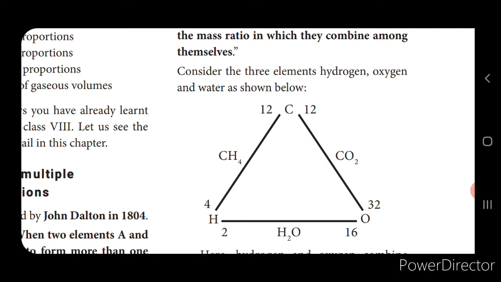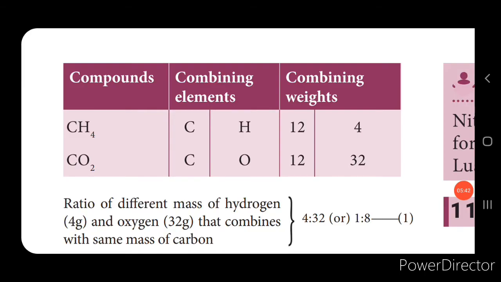Now let's find out the ratio. Look into the table, children. Here the carbon combines with hydrogen and oxygen to form CH4 and CO2. Here are the combining weights that are given. One atom of carbon takes part, so the weight will be 12, and for the other compound, that is CO2, it will also be 12. But for hydrogen, 4 hydrogens take part in CH4, so 4, and here 2 oxygen atoms, so 16 into 2 is 32.